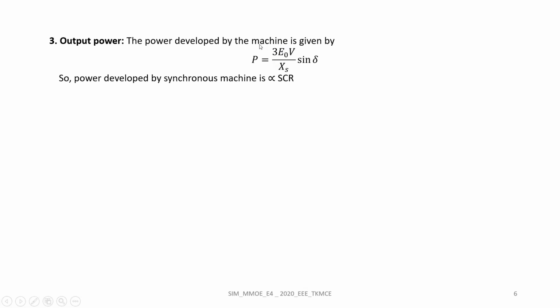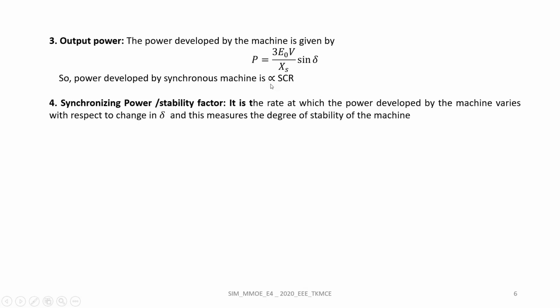So what is Pmax here? Pmax is equal to 3 E0 V by Xs. Pmax is inversely proportional to Xs and directly proportional to SCR. So the power developed by a synchronous machine is directly proportional to SCR.